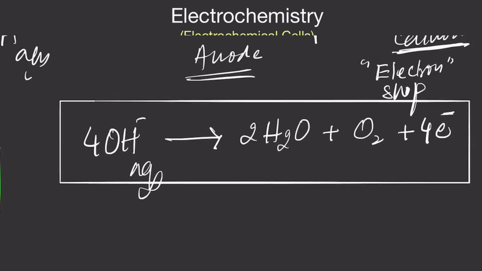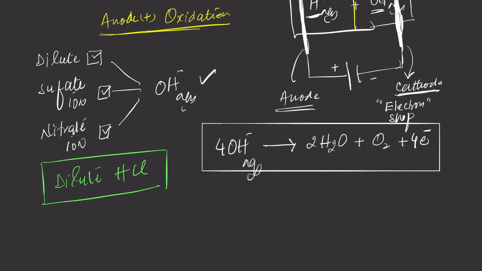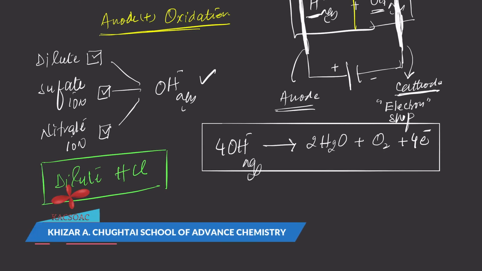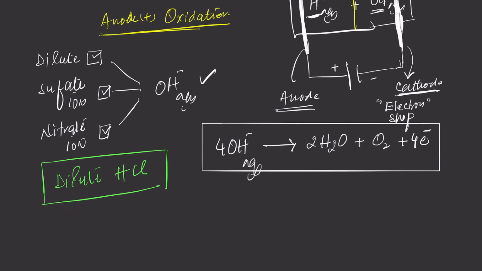So, in case of a dilute solution, if your electrolyte contains sulfate ion, or if your electrolyte contains nitrate ions, then in these three conditions the OH- ion will be the winner and will approach the anode to form H2O, oxygen and 4 moles of electrons.